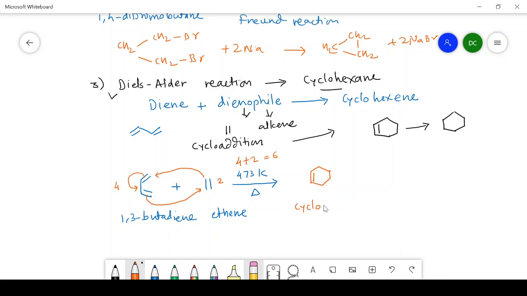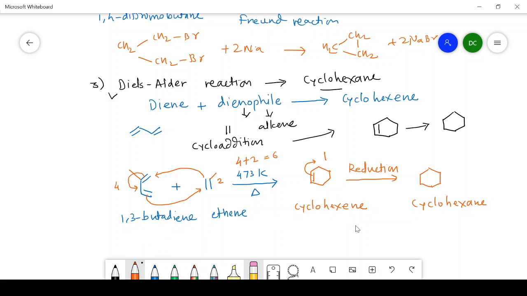So in the first step, we get a cyclohexene, and this cyclohexene undergoes reduction in which this double bond is reduced to a single bond, and we get a cyclohexane. In this way, a Diels-Alder reaction is used for the preparation of cyclohexane derivatives. And in this reactant you can use a different substituent here, so that we will get different cyclohexane derivatives.